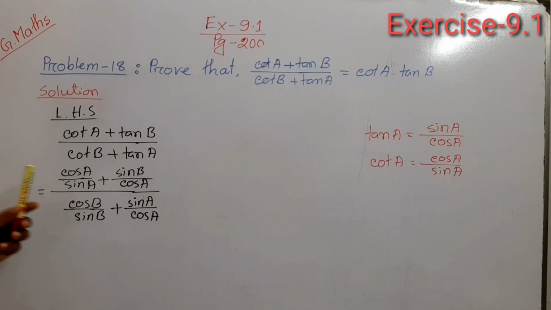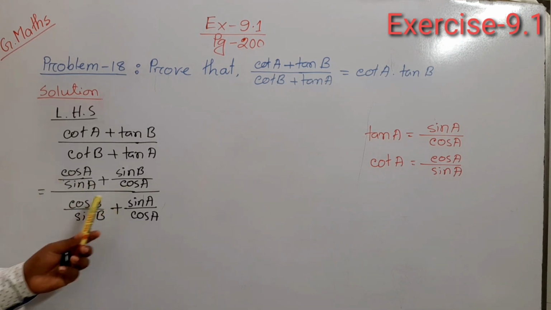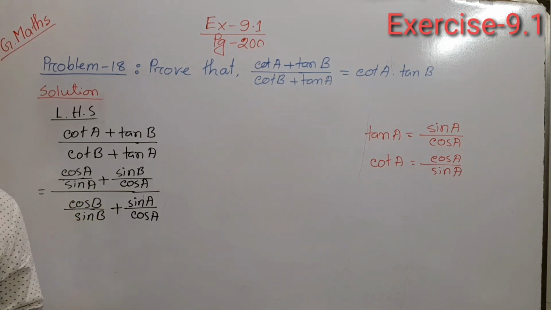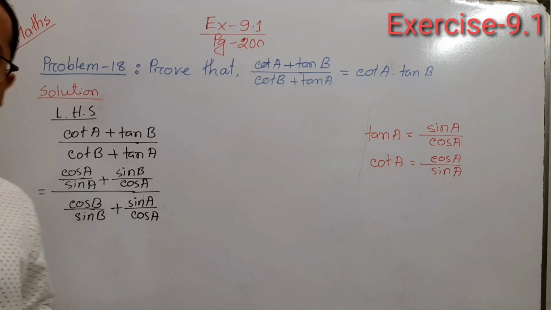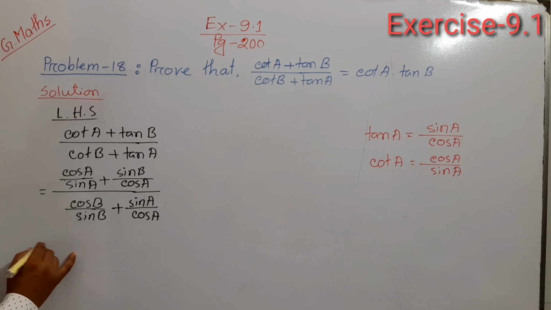So in the numerator there are two fractions, and in the denominator there are also two fractions. We will add these two fractions separately.